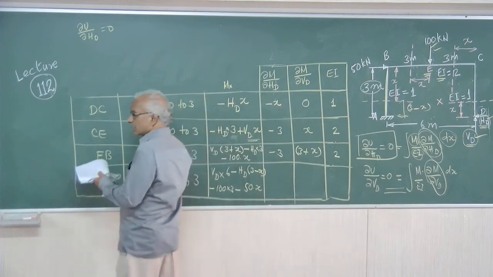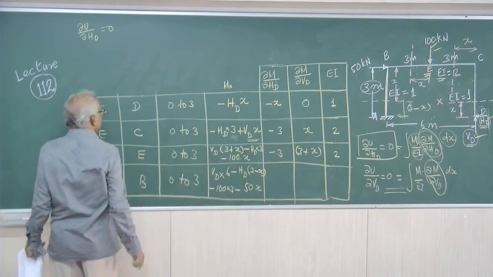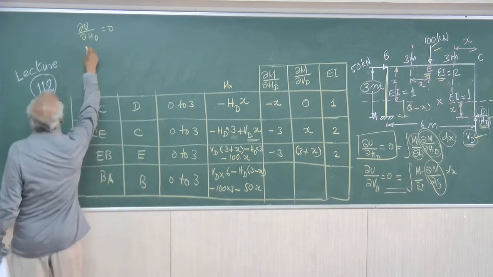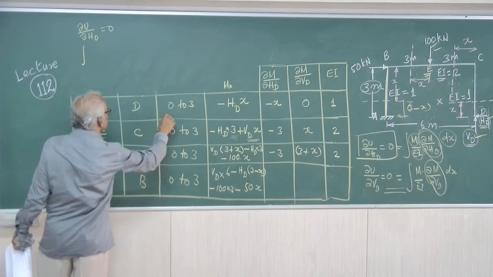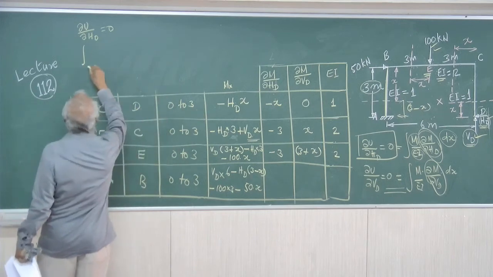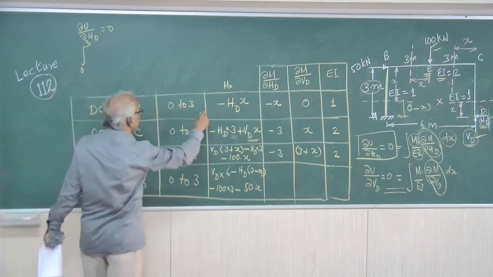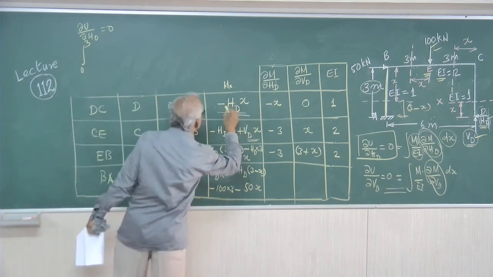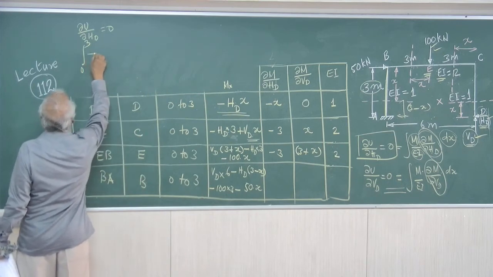Therefore, now here there are 4 parts. First part is say DC, that is integral, limits 0 to 3 for the portion, and Mx equal to minus Hd into x.